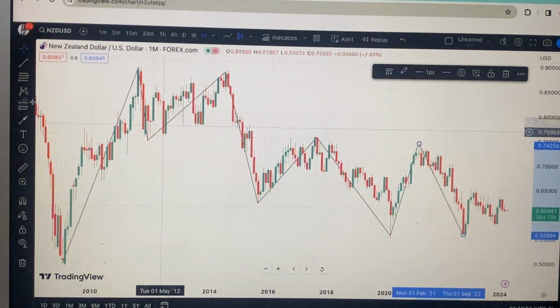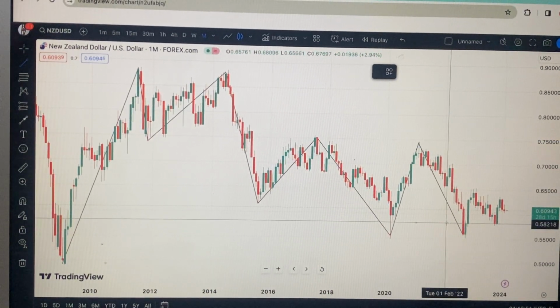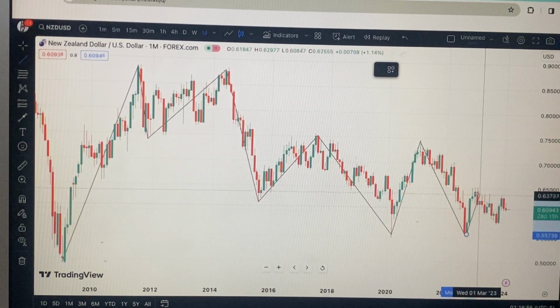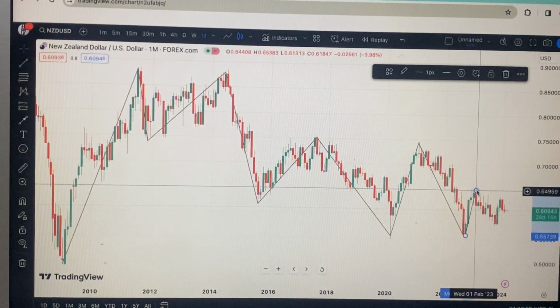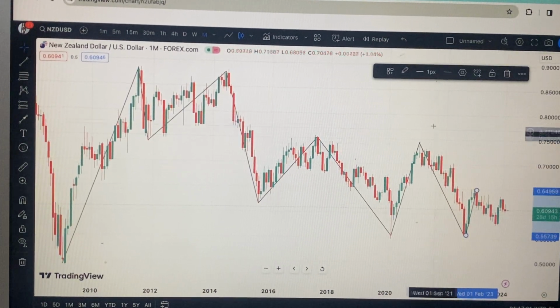Now what is the market trying to do? It is trying to push up. Now let's put out our support and resistance zones.